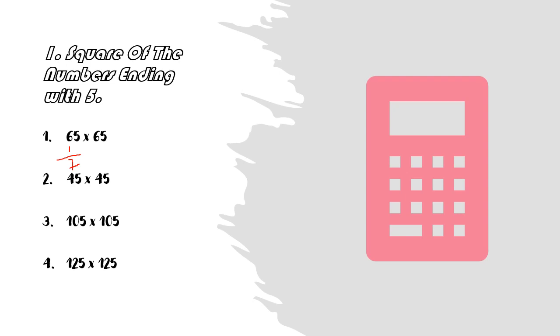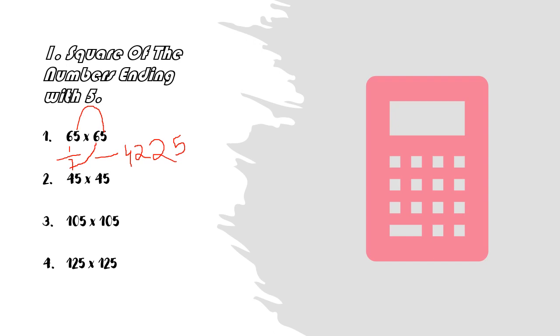I'm just saying that you should add 1 to only 6. 6 plus 1 is going to be 7, and you are going to multiply this 7 with 6, and what is the result you are going to get? 7 6s are 42, and then just multiply the last two numbers, 5 into 5 is 25. So the answer is going to be 4225, and you can cross-check using a calculator, and it's going to be the same answer.